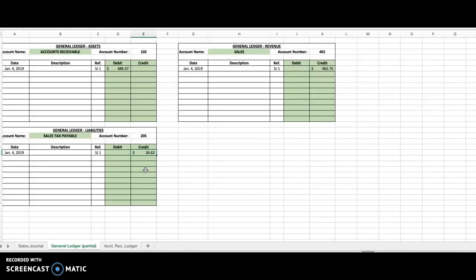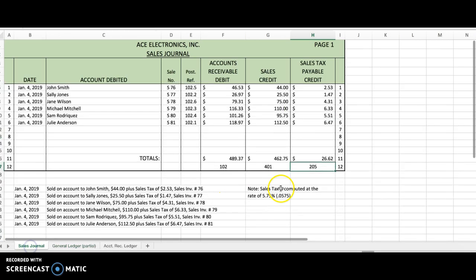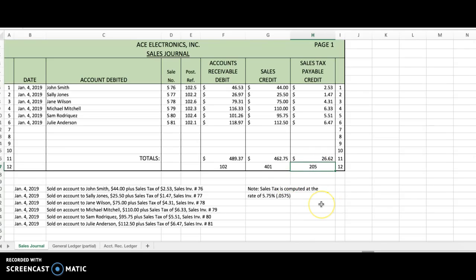Eventually we have to pay that, typically quarterly. At the end of 3 months, we pay to the state the amount that is shown in this liability account. All of this money came from, or will come from, the creditors once they pay us. And the 205 put back here underneath the total of sales tax payable credit.